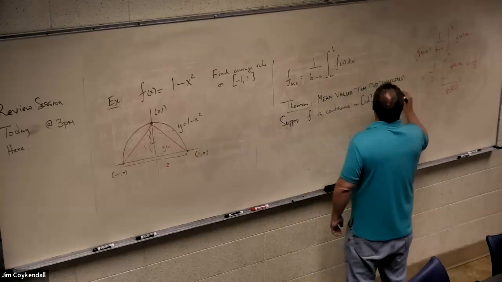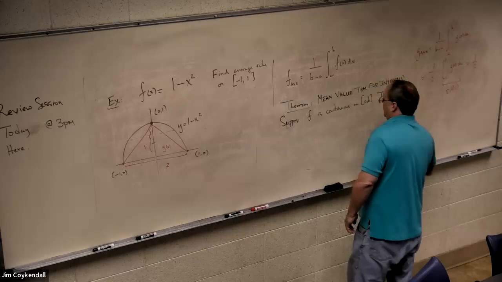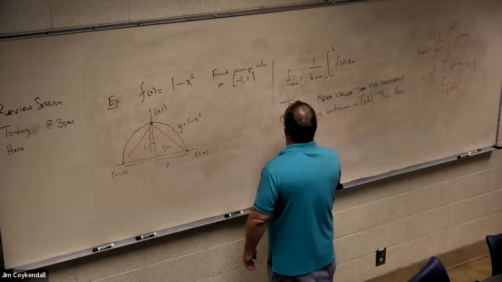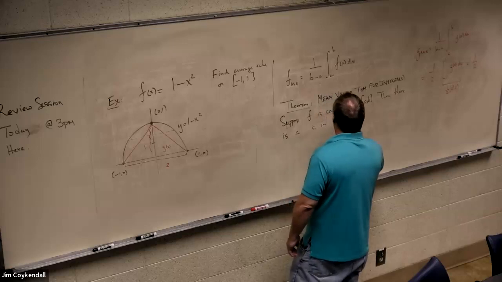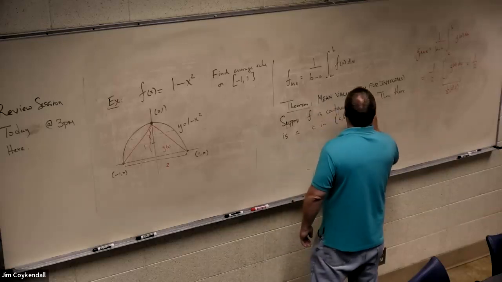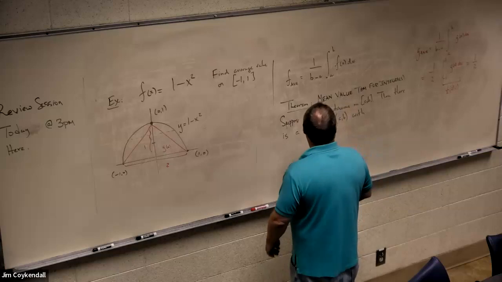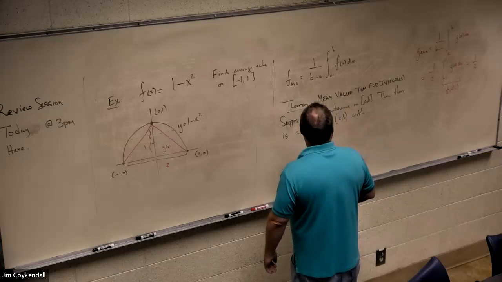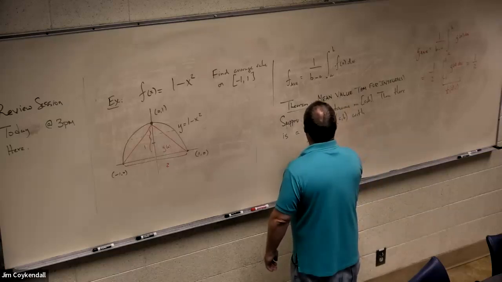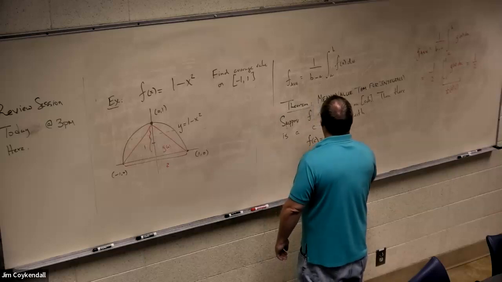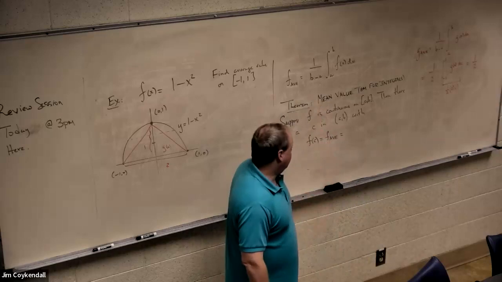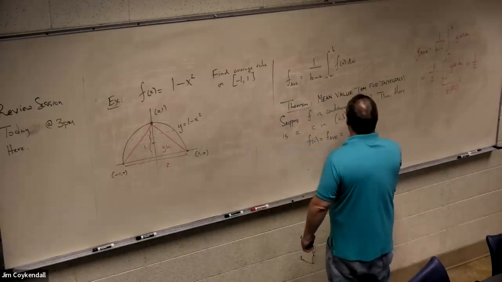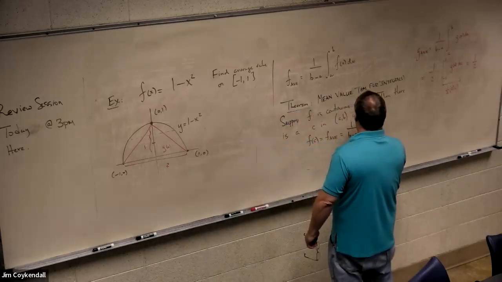Then there is a c in the interval [a, b] with f of c equal to the average value, which I will remind you is 1 over b minus a times the integral from a to b of f of x dx.